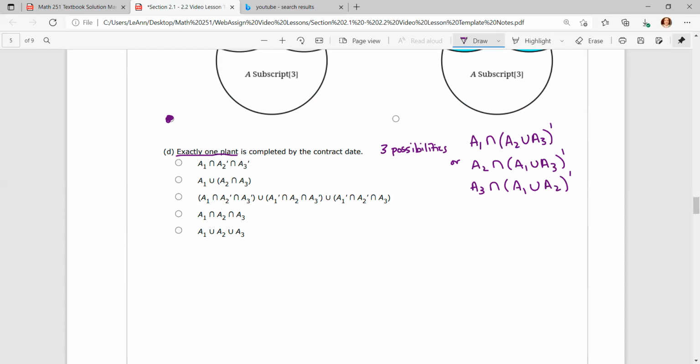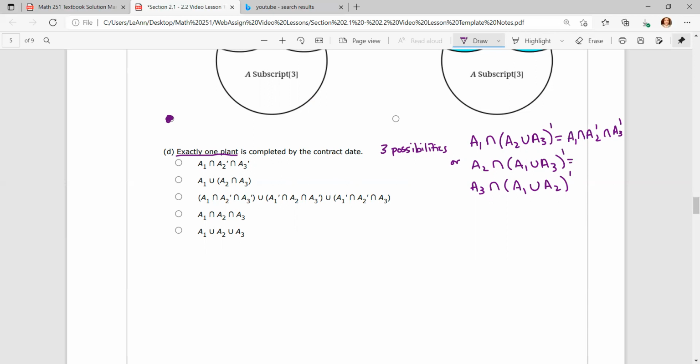Again, we can use DeMorgan's laws to distribute this. We've already seen this in the first one: a union complemented is the intersection of the two complements. You could draw that out on a Venn diagram to prove that to yourself.